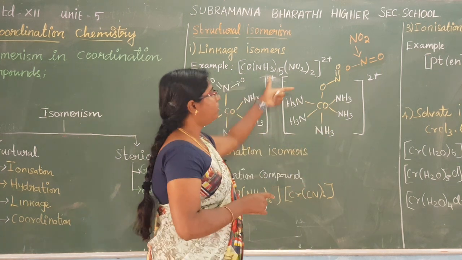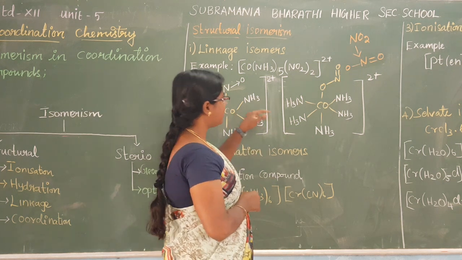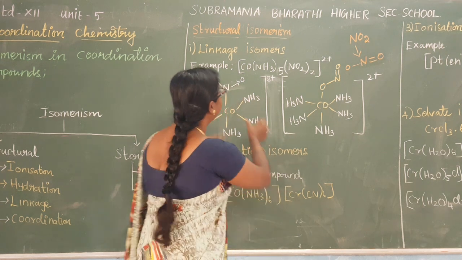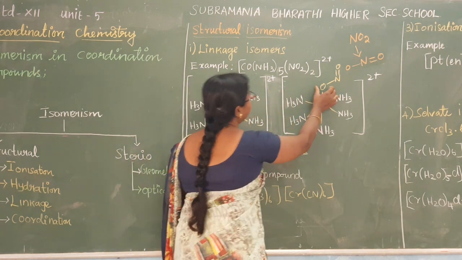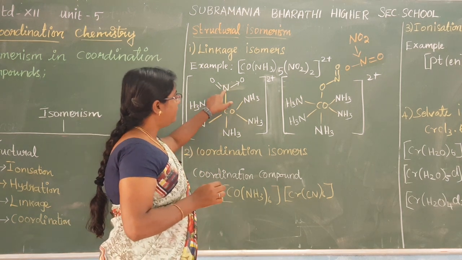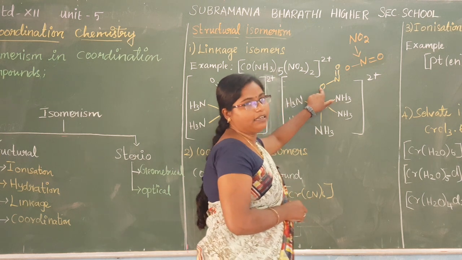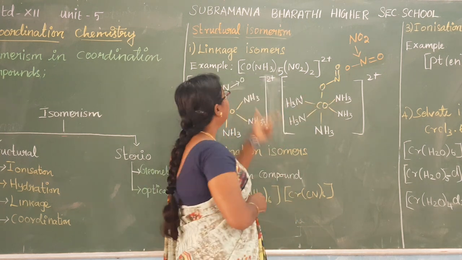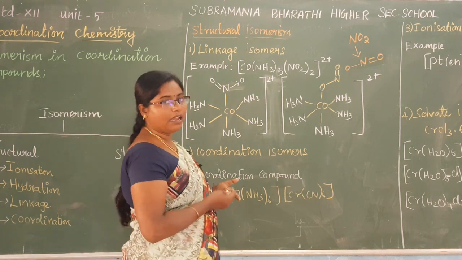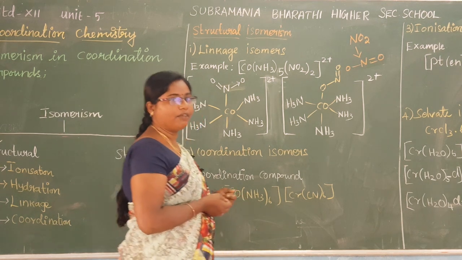So the molecular formula is the same, only they differ in their structures, in the connection of the atom to the central metal atom. That is called linkage isomerism. Here nitrogen acts as the donor atom and here oxygen acts as the donor atom. So linkage isomerism arises when an ambidentate ligand attaches to the central metal atom. Is it clear for everyone?